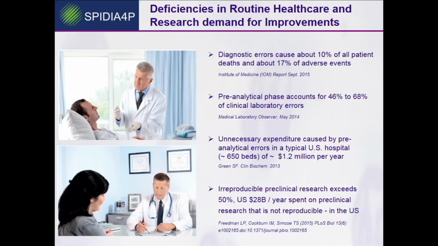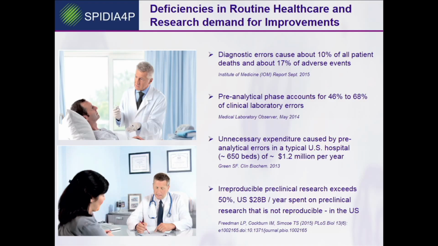But the negative impacts or errors that occur in the pre-analytical phase do not only impact diagnostics, but also research. One study that is often cited was presented in PLOS ONE in 2015. This paper presents numbers that 50% of all preclinical research is not reproducible in the US pharma industry, causing $28 billion of damage.